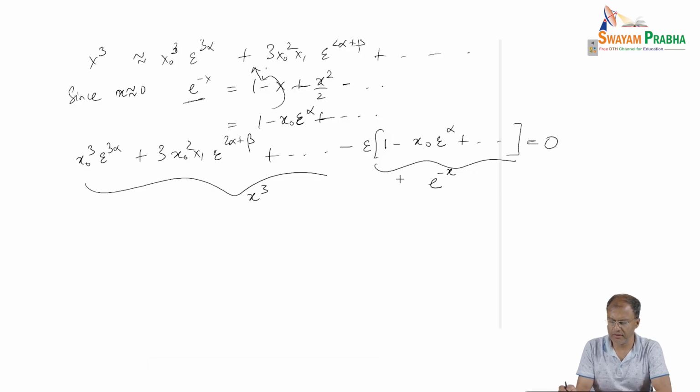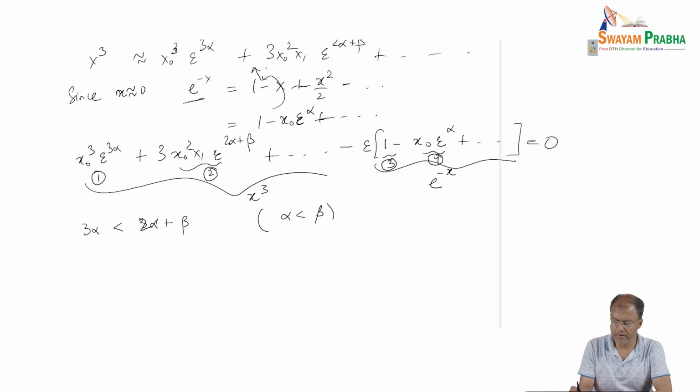So now we have to solve this. Notice that we have, let me call these terms 1, 2, 3, and 4. All the other terms which are not written here are higher order than these 4 terms, so we only consider the lowest order terms of epsilon. Notice here that 3 alpha is certainly less than 2 alpha plus beta, because alpha is less than beta.